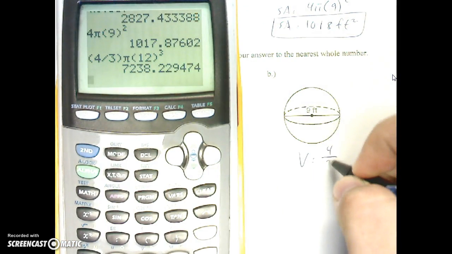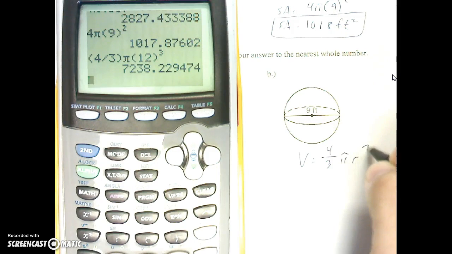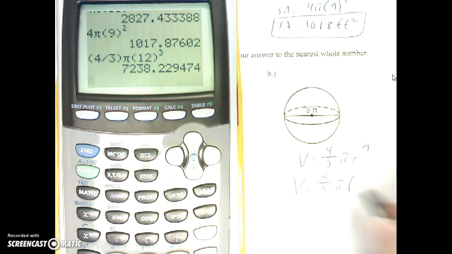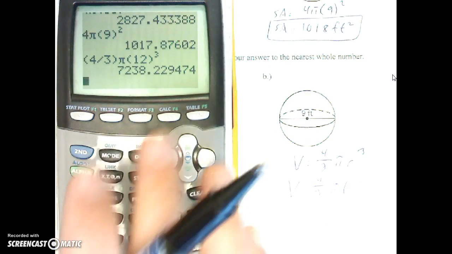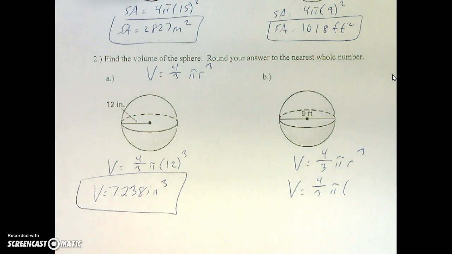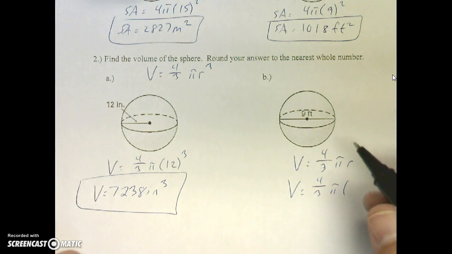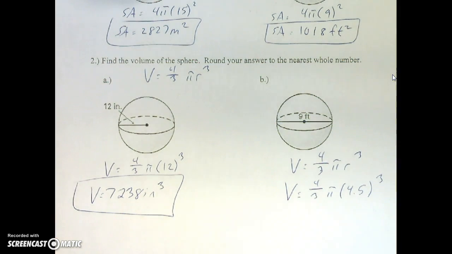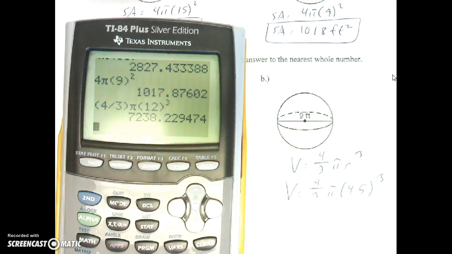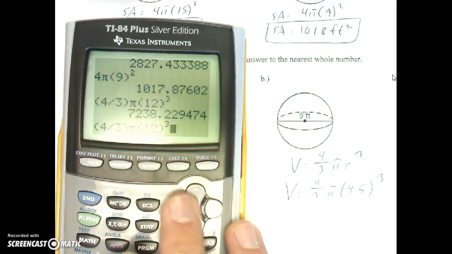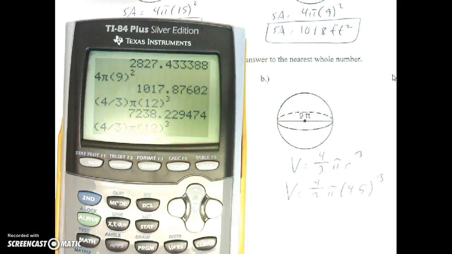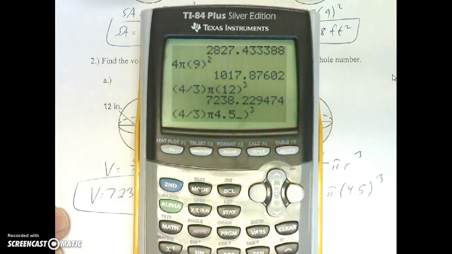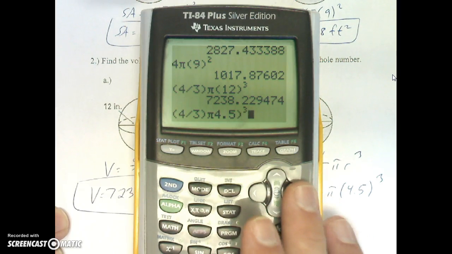Much the same over here. Volume equals 4/3 pi r cubed. Now my radius here, don't panic when you see a decimal. My radius here is going to be 4.5. It's okay, we'll be fine. I'm going to hit second enter, scroll to the left, and type 4.5 cubed.